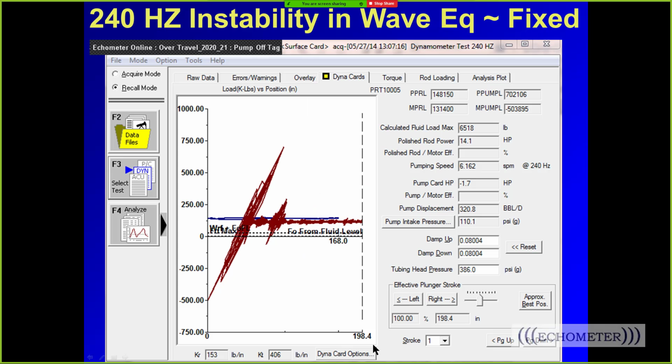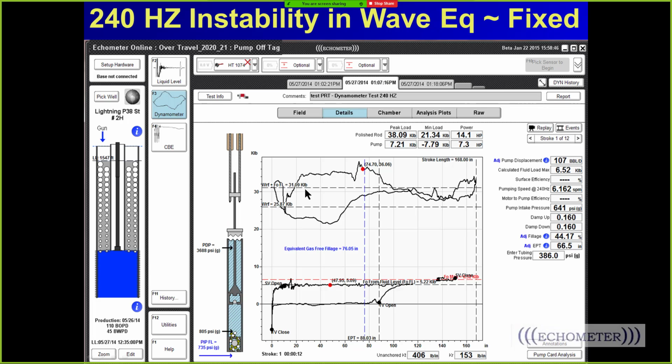Now, this is the 240 sample data in TWM, and there's a bug in TWM, though we haven't fixed it. If you put some high speed data in TWM, the wave equation becomes unstable and it looks like this. But if I take the exact same data and import it right into the TAM software, then this is a pump off tag.